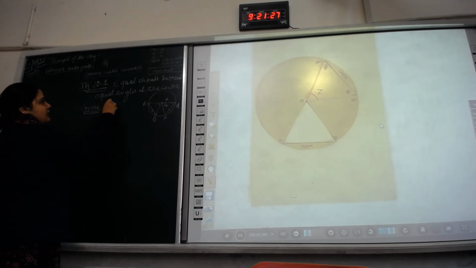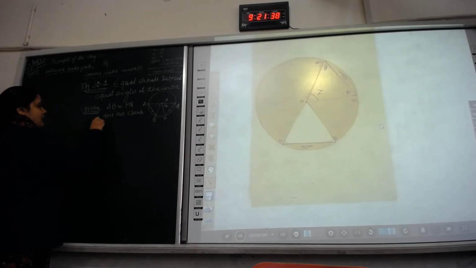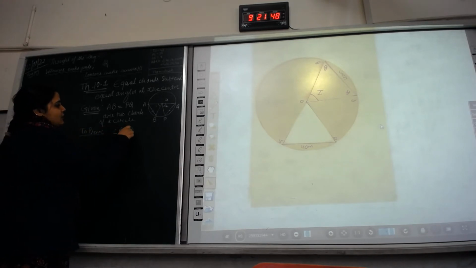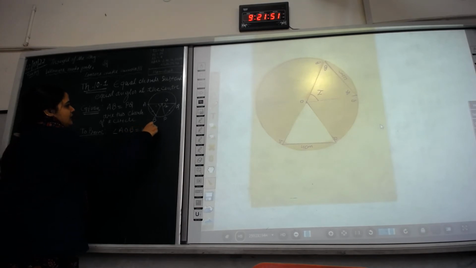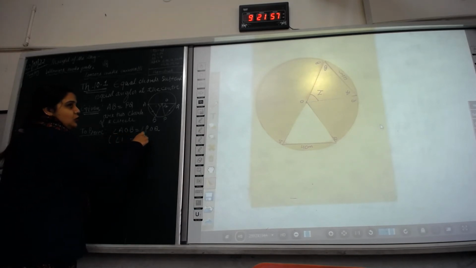We are given that chords AB and PQ are equal, two chords of a circle. What we need to prove? We need to prove angle AOB is equal to angle POQ. That means we have to prove angle 1 is equal to angle 2.